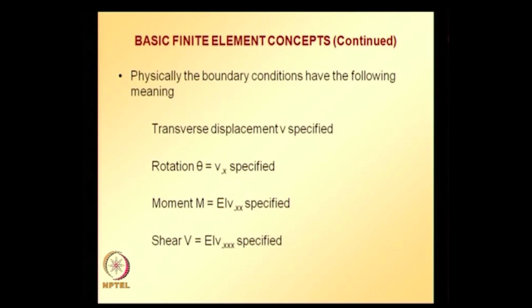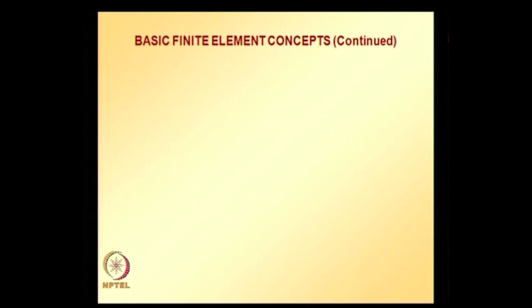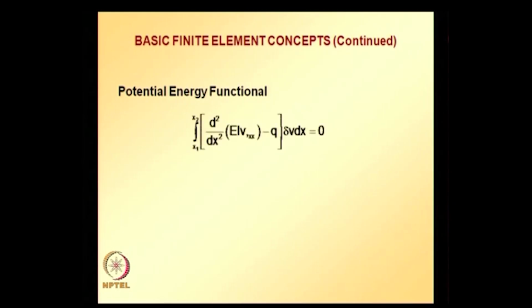So, now we got the differential equation, we got the boundary conditions. So, now we are ready to apply the variational approach to get the equivalent functional. The procedure is as follows: multiply the given differential equation with variation of transverse displacement, integrate over the problem domain.